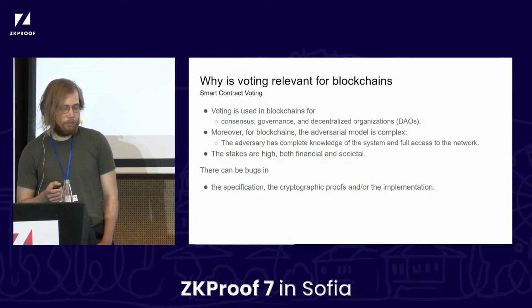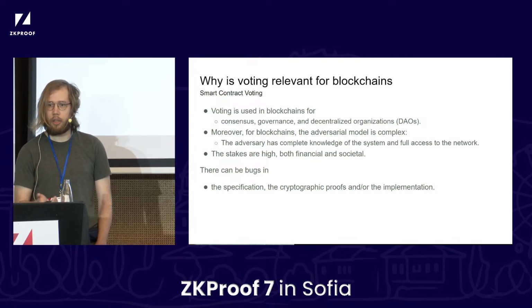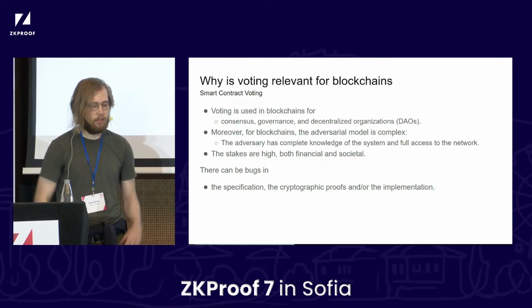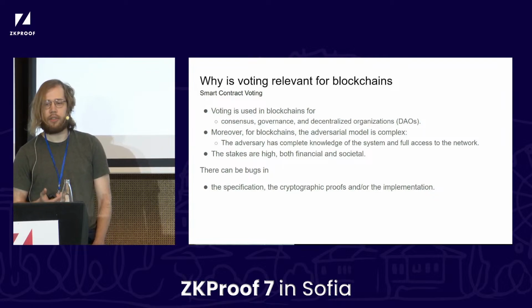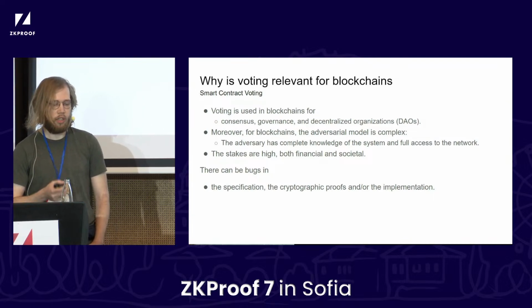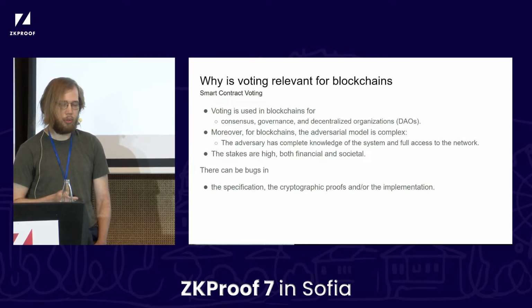Furthermore, the adversarial model inside of blockchains is also very complex. So looking at cases for using these security proofs in the context of smart contracts is also very interesting, because we are working with a very strong adversary, and we can therefore show that we can also have strong adversarial modeling and still get usable results.